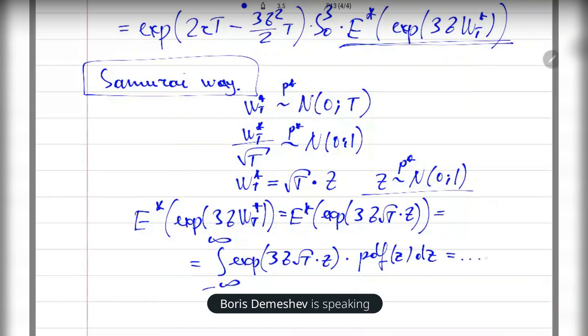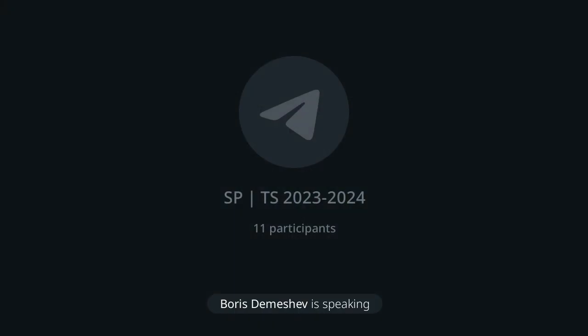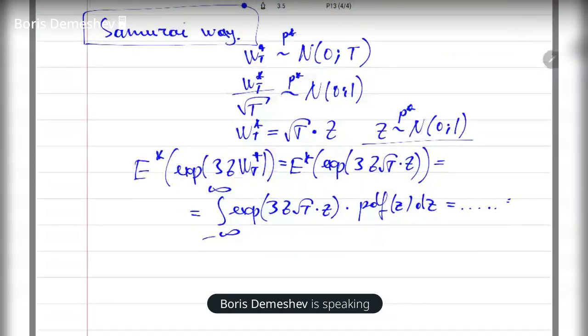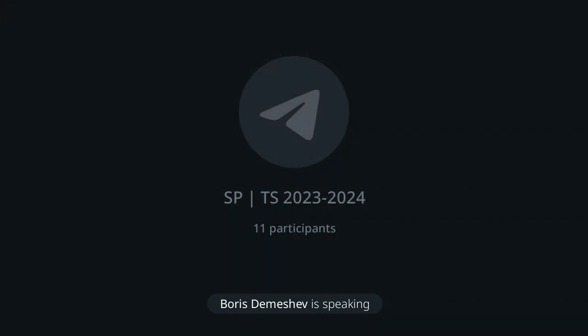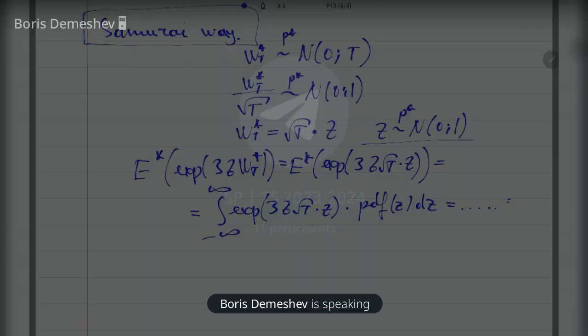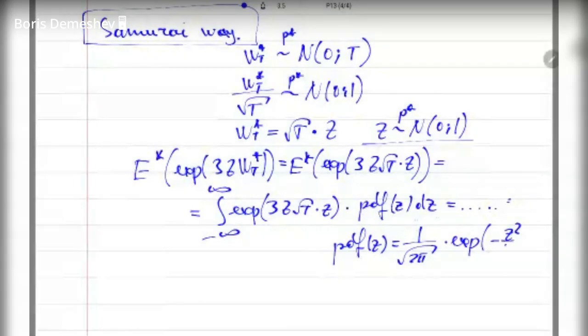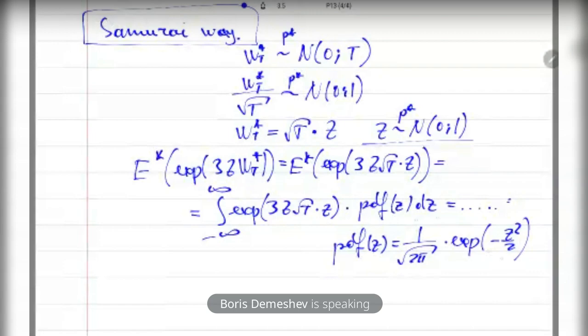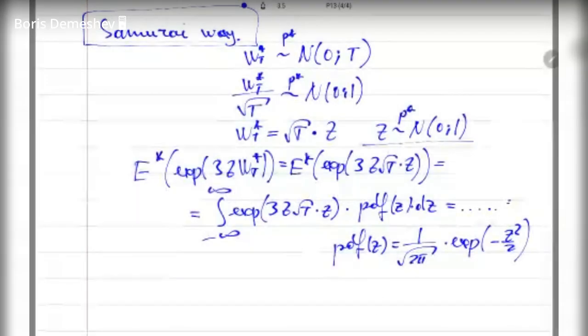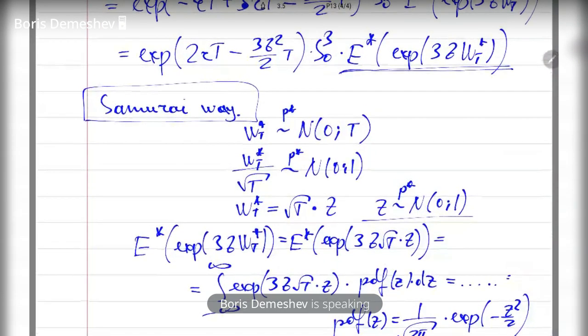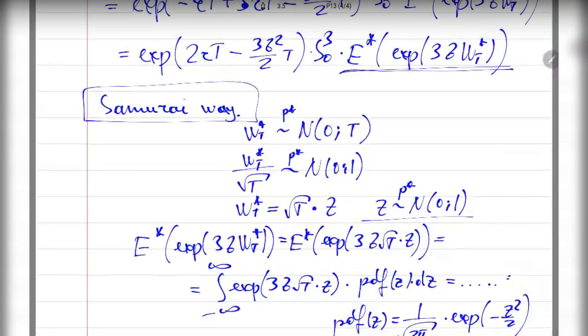And that's a long samurai way to do this exercise. PDF is the famous standard normal PDF, 1 over square root of 2 pi, exponent minus Z squared over 2. So that's the samurai way. You can calculate expected value by taking the integral.